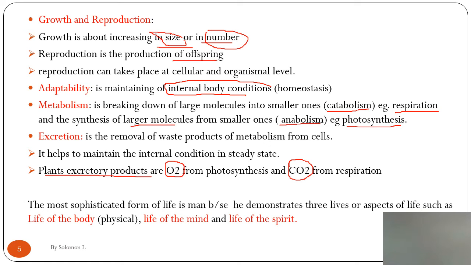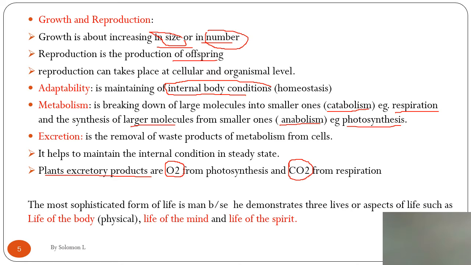Therefore, they release the carbon dioxide as a waste product. And animals can release carbon dioxide as a waste product from their body. Urine contains many excretory products that are released out of the body through urea.